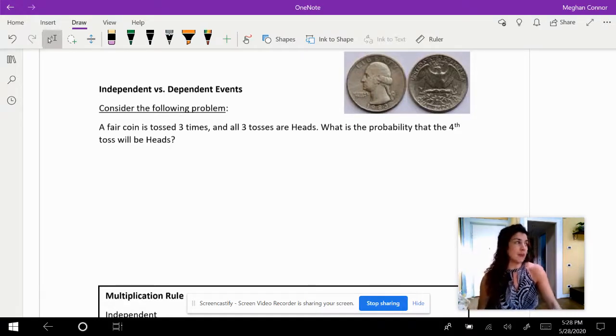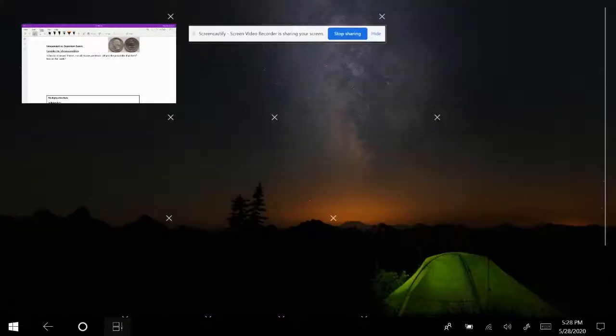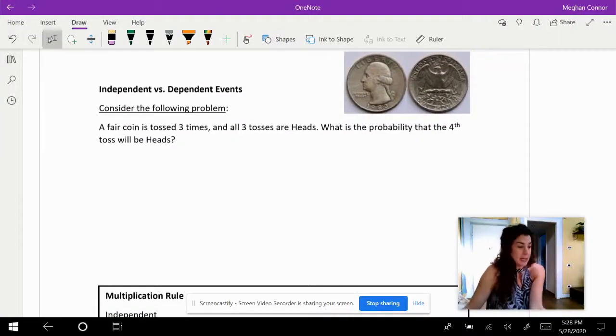Versus if you're talking about the probability of, like this, a fair coin being tossed 3 times, all 3 tosses are heads. What's the probability that the 4th toss will be heads? Since coins don't care what happened before, and coins don't care what happened after, each coin flip is its own independent event.